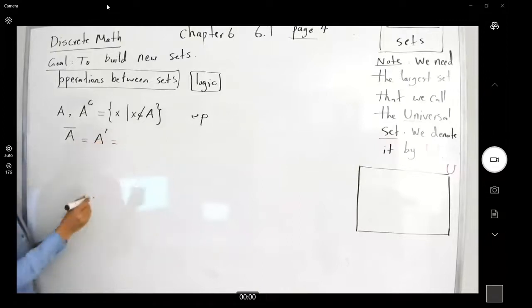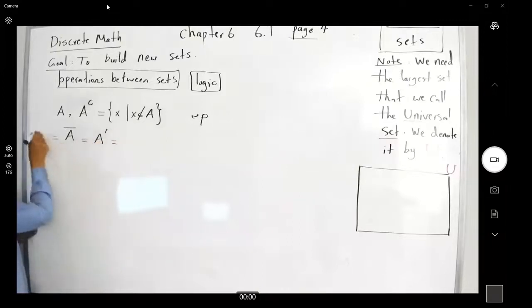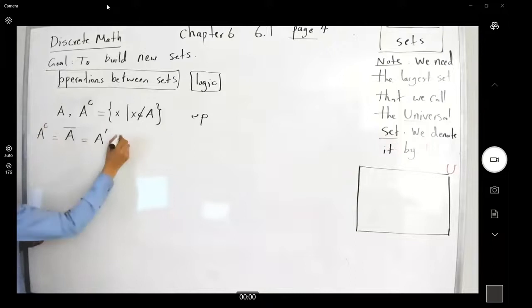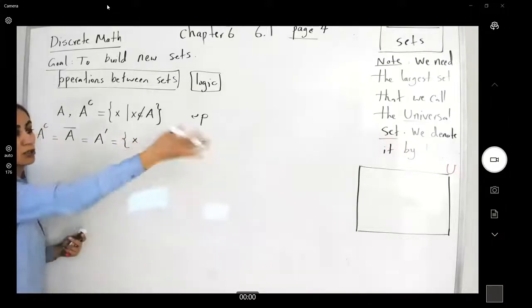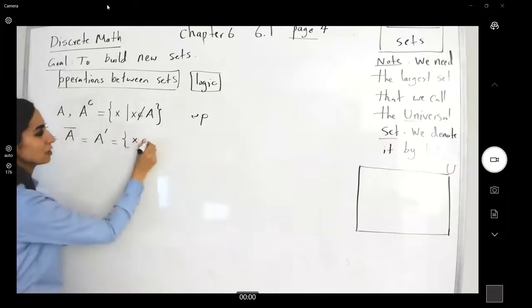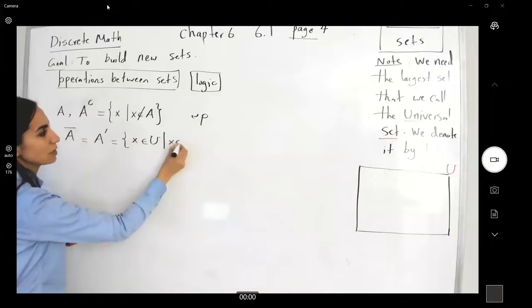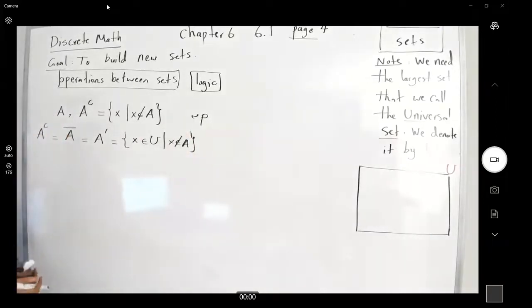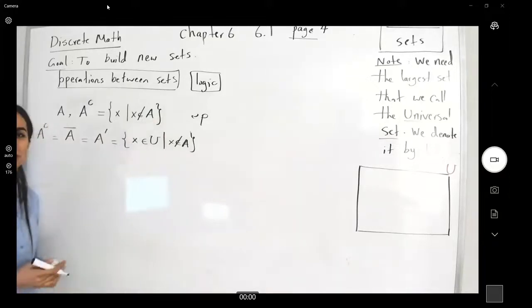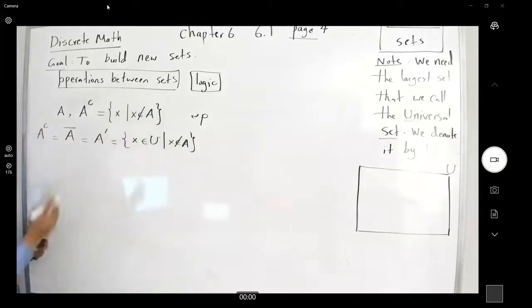Again, the meaning is just a complement, which is the set of all elements X belonging to the universal set such that that element is not in set A. This is the very first operation that you're using: complement, or equivalent to that, negation.